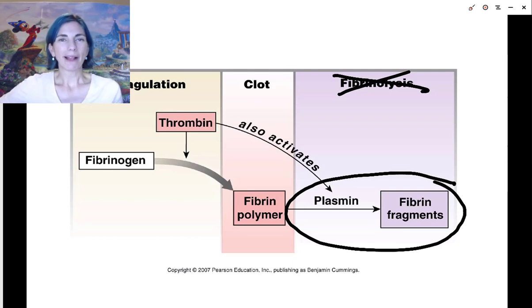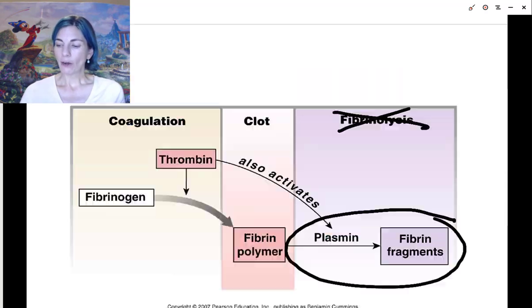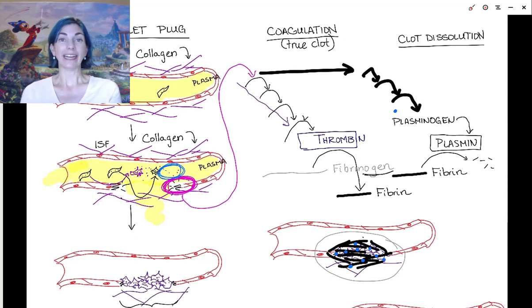And when you think blood thinner, to me, I always thought it made your blood more watery, but it doesn't. To make your blood more watery, you would have to have fewer red blood cells. And that's not what happens. So what does happen? It turns out that blood thinners reduce the ability of your blood to form clots. How would they do that? By interfering with some part of this.